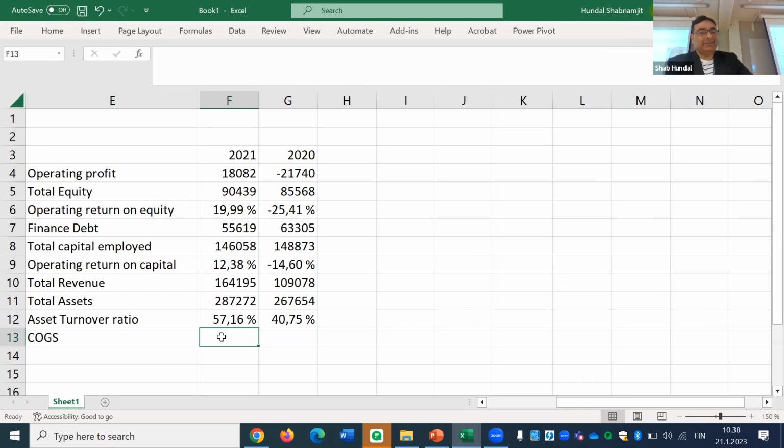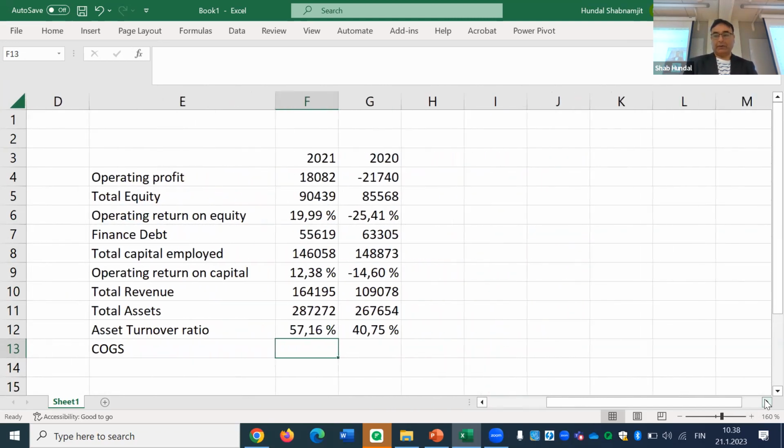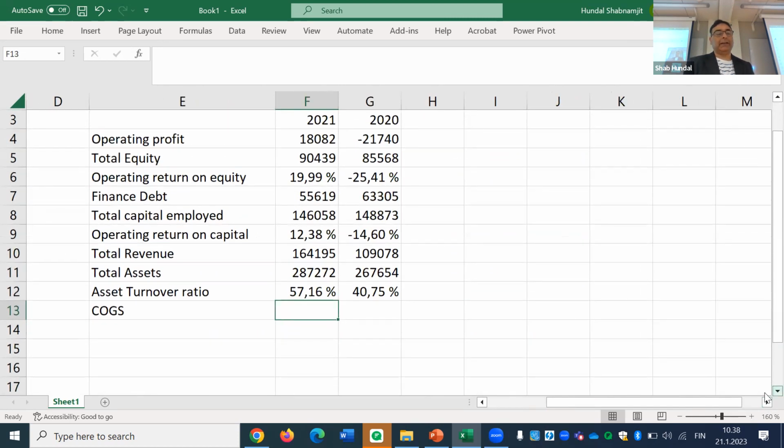I'm giving you a puzzle: can I calculate cost of goods sold without seeing the income statement? Is there any technique I can use to find the cost of goods sold without looking at the income statement? Well, I can go and check from the income statement, no problem. No, assets, you have to go to the balance sheet.